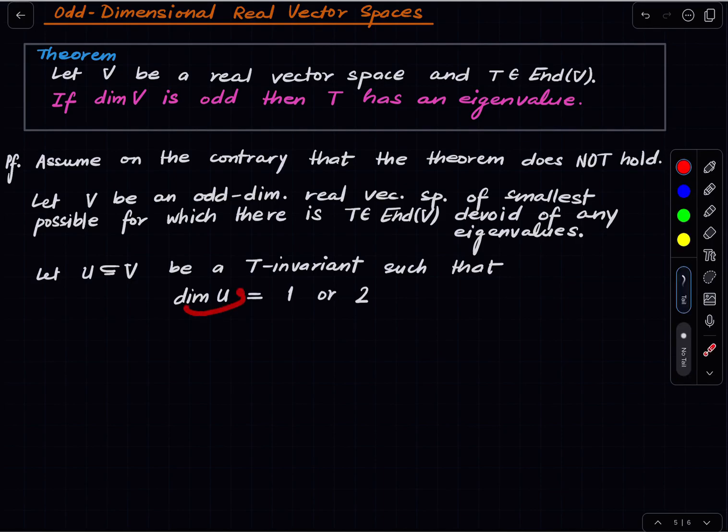But if dimension of U were equal to 1, then we would have a one-dimensional T invariant subspace and hence an eigenvalue. But since we have assumed that this is a counterexample to the theorem, we cannot have dimension of U equal to 1. So this we can just slash out. So dimension of U is necessarily 2. And now we will make our diagram, which we recalled in the beginning.